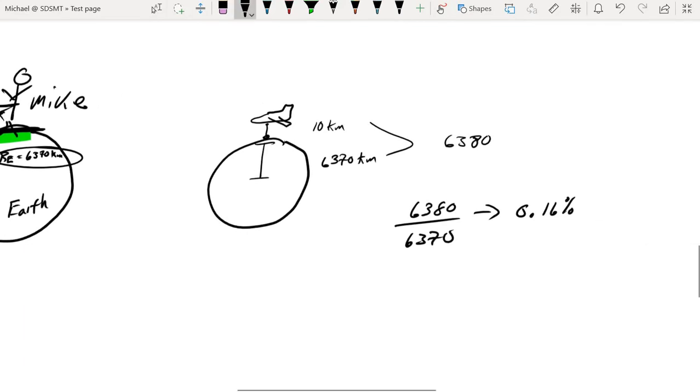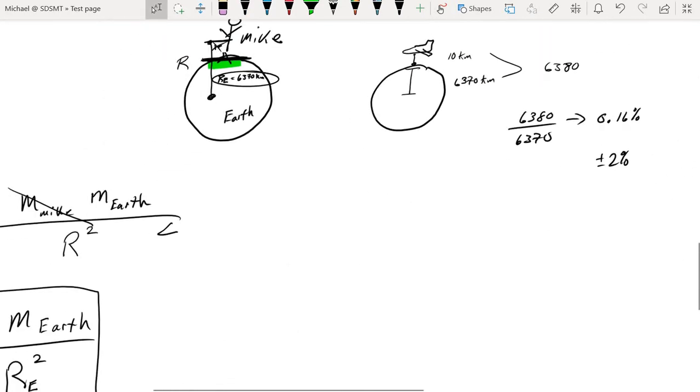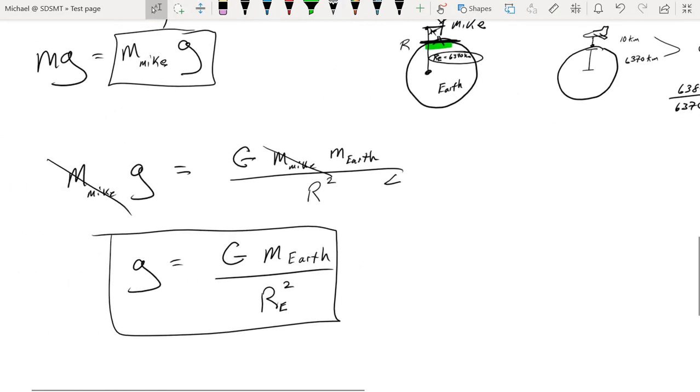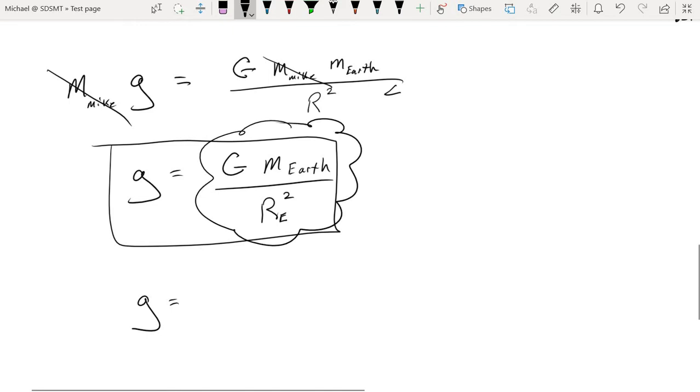And so for us, that is well within the plus or minus 2% error that Wiley will accept. And so as long as we're, I'd say, within the Earth's atmosphere, anything between the surface of the Earth and the Earth's atmosphere, we can use little g as equal to the combination of all these values.